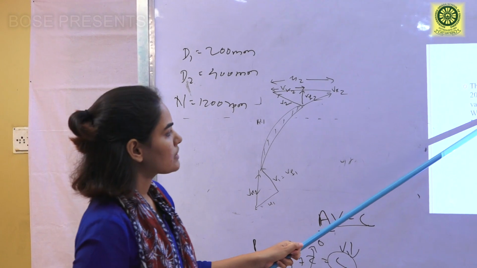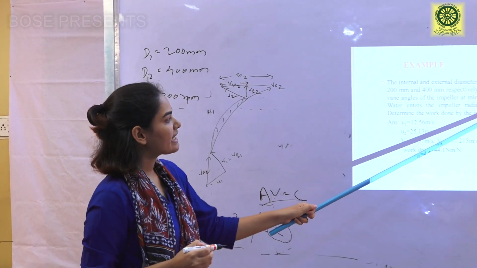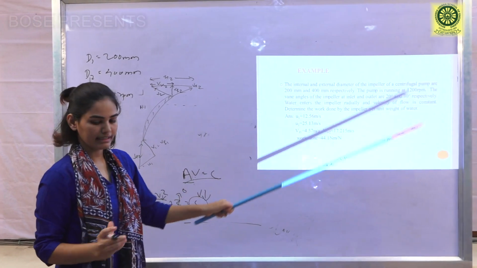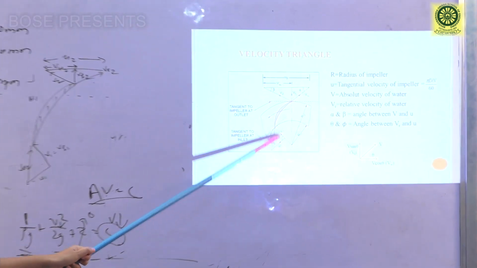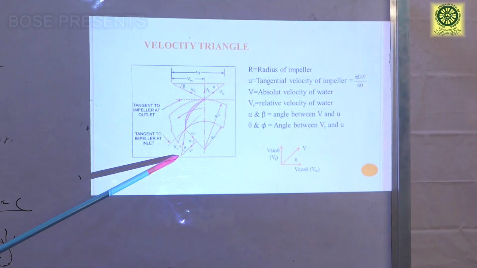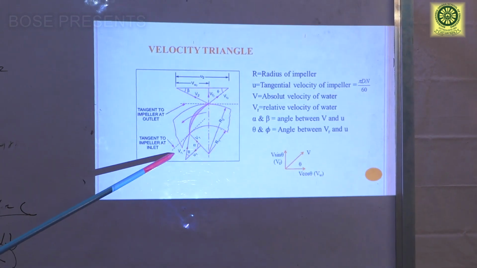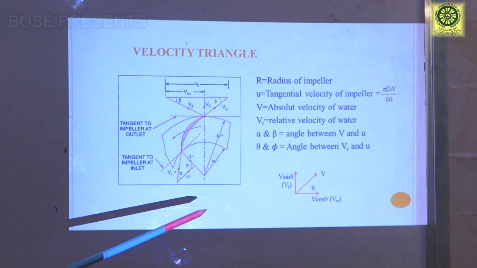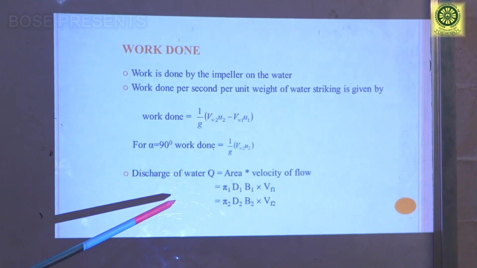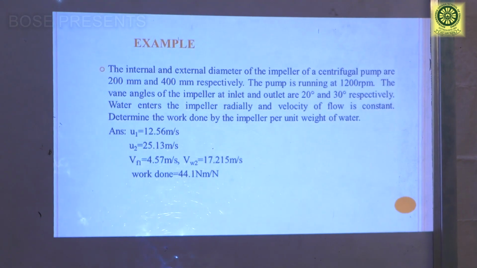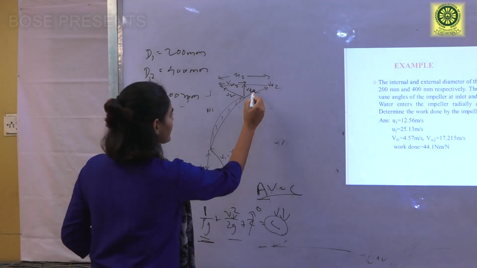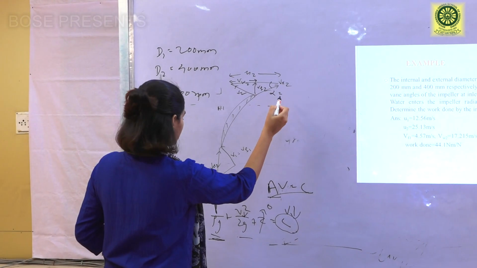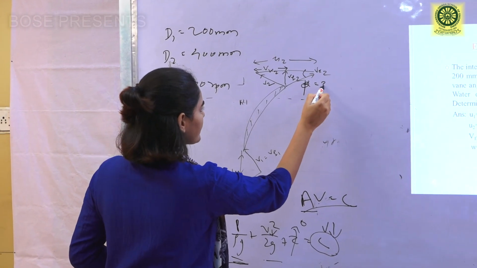The vane angles of the impeller at inlet and outlet are 20 degrees and 30 degrees. These angles theta and phi are also called vane angles, that is, the angles between VR and U. In this question, theta is given as 20 degrees and phi is given as 30 degrees.